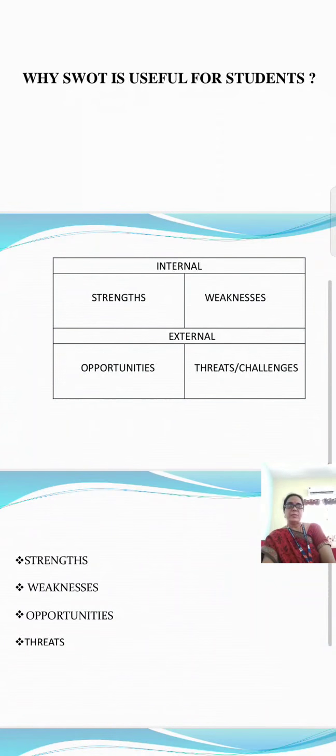Now I would like to move on to the next part, the SWOT chart. If you look at this table, you will find 4 quadrants: strengths, weaknesses, opportunities and threats. What are the strengths you need to manage yourself better? We all have some fundamental weaknesses which we have to overcome.